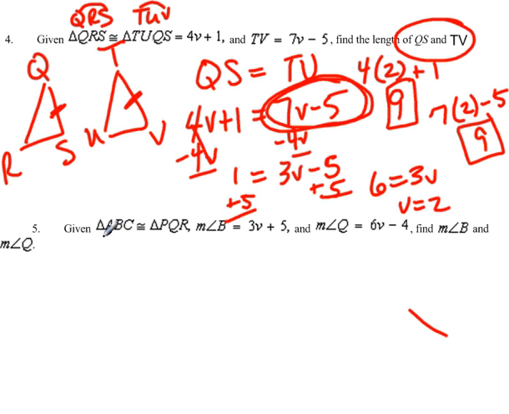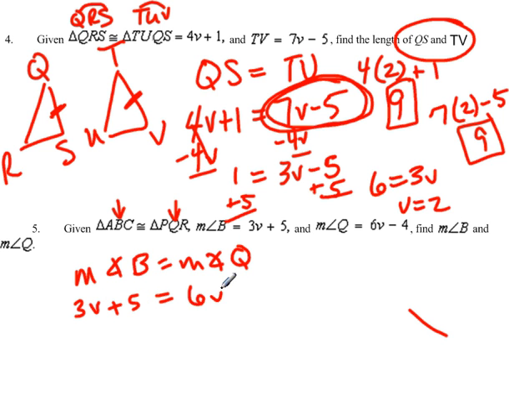We have triangle ABC is congruent to triangle PQR. We are told that angle B is given, angle Q is given. Notice that in the congruence statement we see that B and Q correspond. So the measure of angle B is equal to the measure of angle Q, and we can set their values equal to each other and solve.